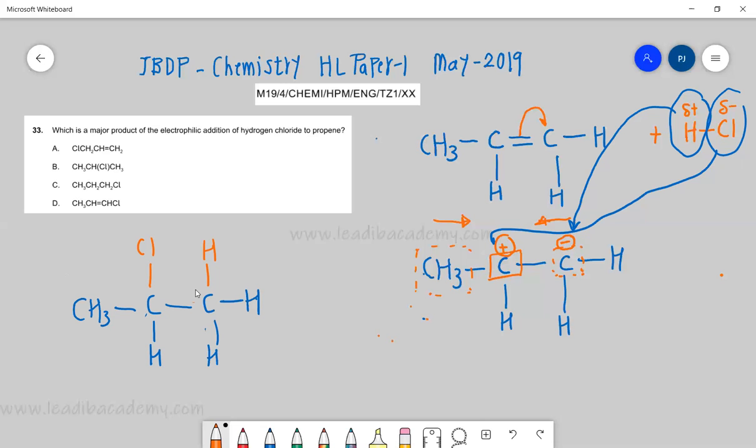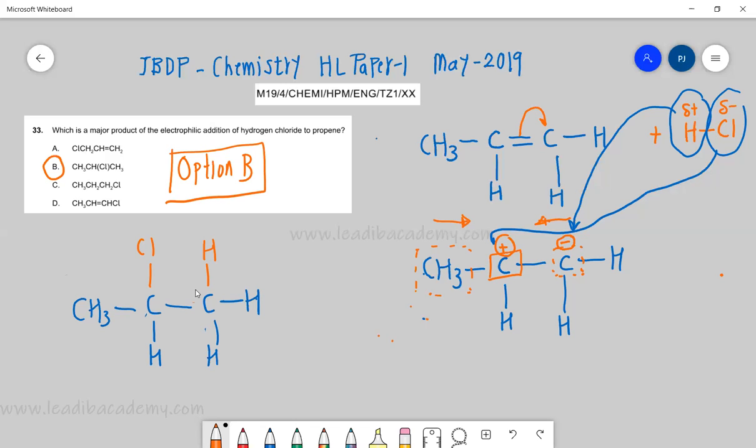And we will get this compound. So simple logic. CH3, CH, Cl. So the correct option is B. And this is nothing but the Markovnikov rule.